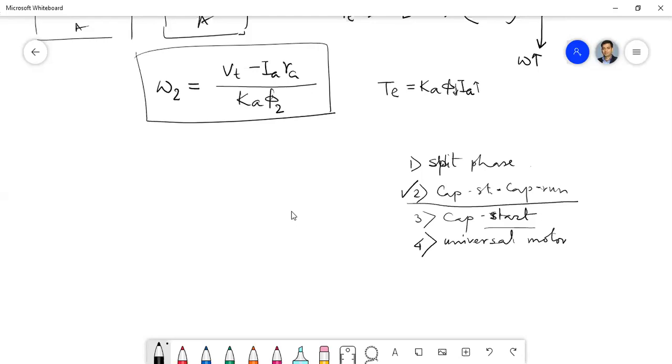That is called capacitor start only. So the capacitor is used only for starting the motor. But for our ceiling fan, it is capacitor start and capacitor run, so in both cases we need the capacitor. All these motors we can call split phase. Anyway, this will be the correct option.